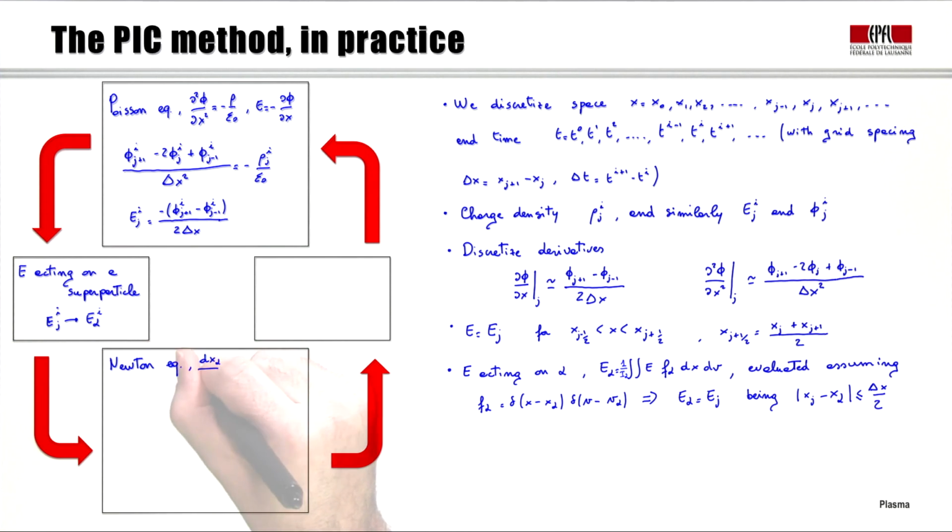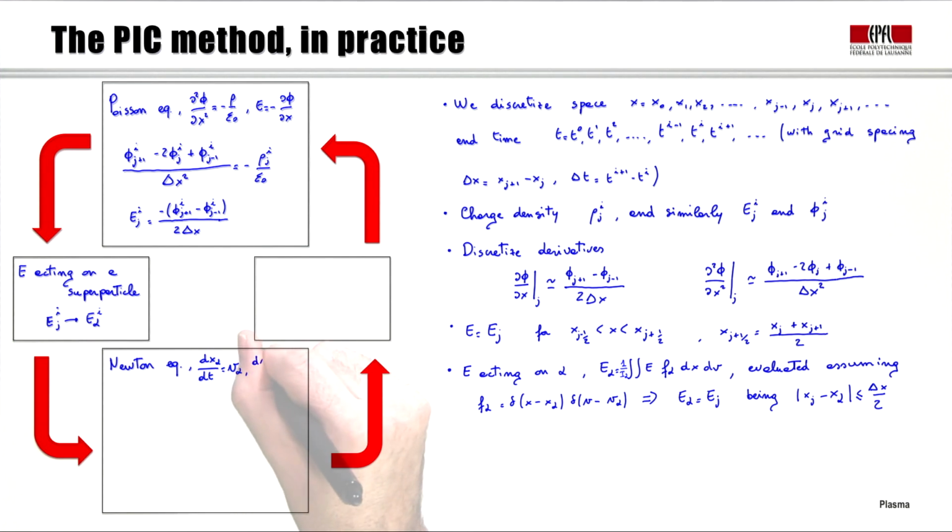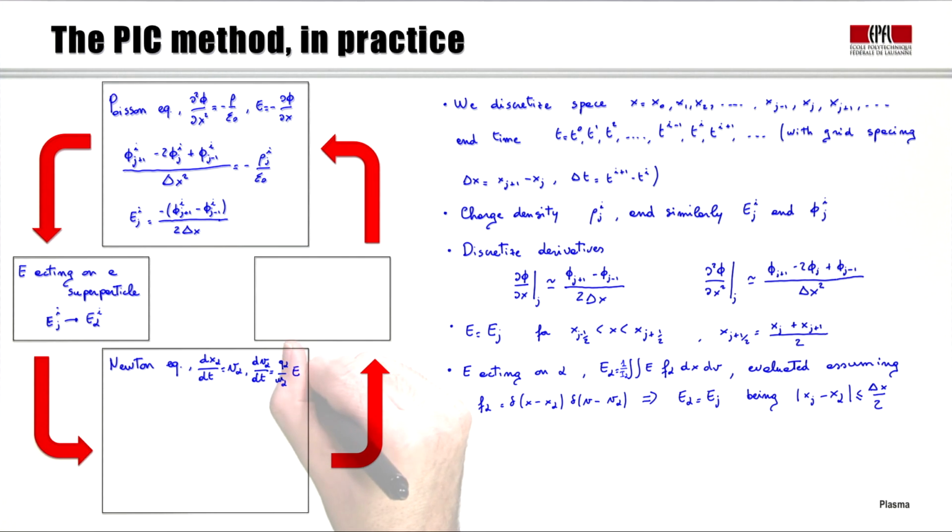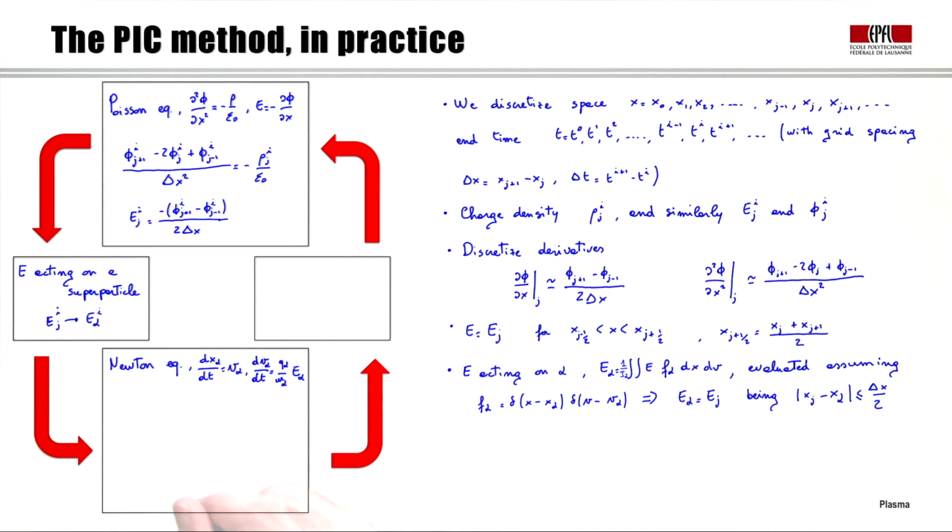That is dx alpha over dt equal to v alpha and dv alpha over dt equal to q alpha over m alpha E alpha. To do that, we discretize the time derivative as we have done for the spatial derivative, and we will have that the difference between x alpha at i plus 1 minus x alpha at i divided by delta t is equal to v alpha.